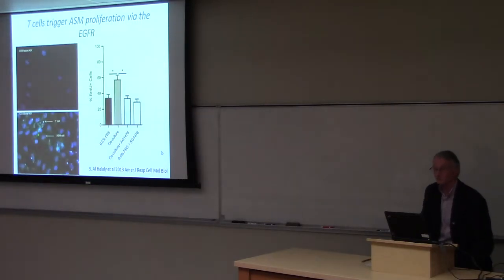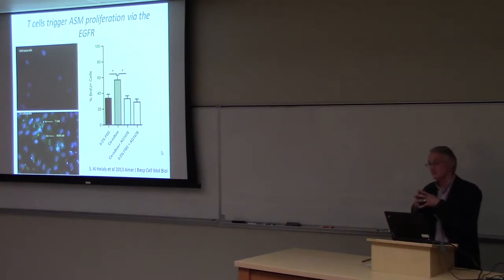So we've gone on further with this, and we wondered whether the mechanism by which the muscle grows in vivo in the animals, which is mediated by the epidermal growth factor receptor, could actually be implicated in this T-cell driven smooth muscle proliferation. So these experiments here show smooth muscle on its own and smooth muscle in co-culture with T cells. And the green staining that you see here is fluorescence staining for the active EGF receptor. So the phosphorylated EGF receptor shows in green here.